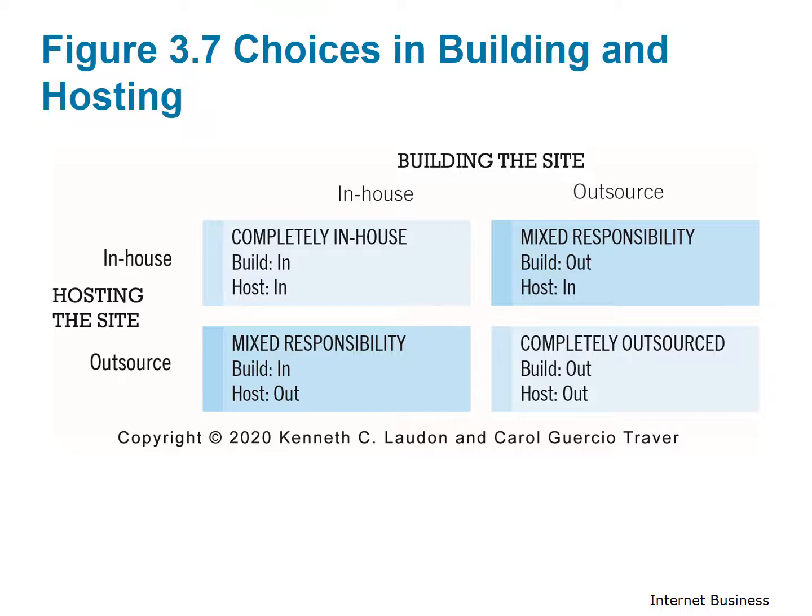Hosting the site outsourced and building the site in-house is mixed responsibility: build in-house, host outsourced. Hosting the site in-house and building the site outsourced is mixed responsibility: build outsourced, host in-house. And then completely outsourced: build outsourced, host outsourced.